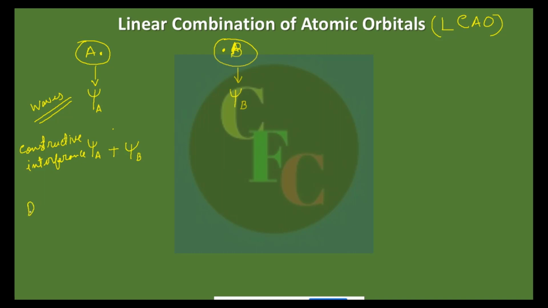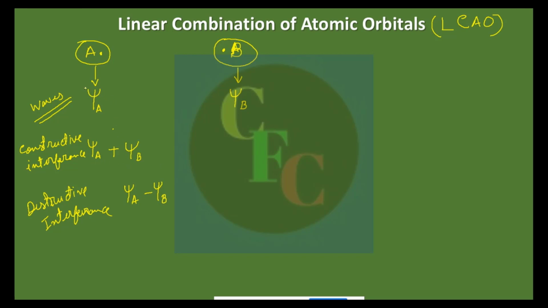And similarly our destructive interference would look like psi A minus psi B. Now why would they, in the first place, combine and form this kind of combination? What is the significance?